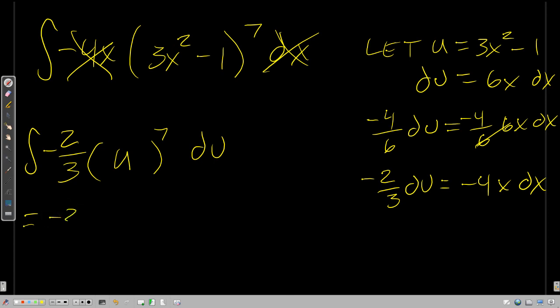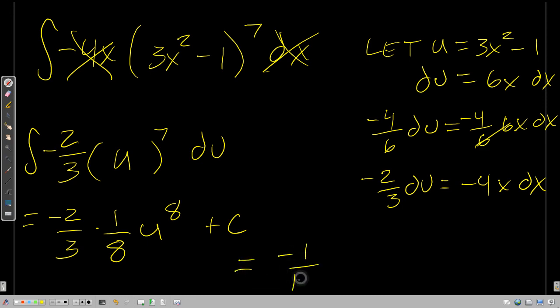So we'd be getting a minus 2/3 times 1 over 8 u to the 8th. And then simplify those constants, and you would get a minus 1/12.